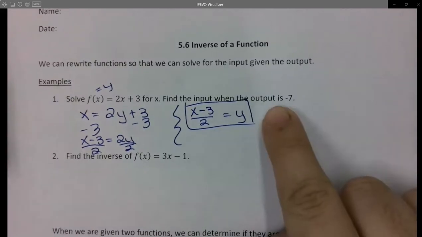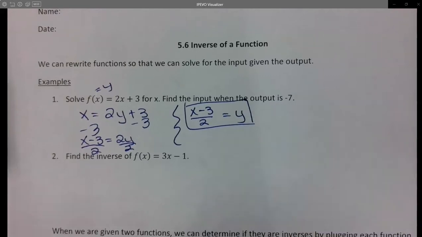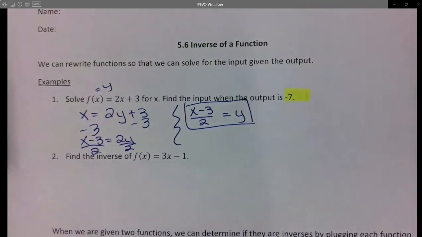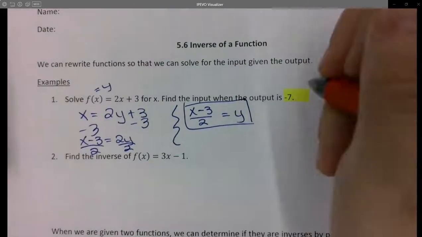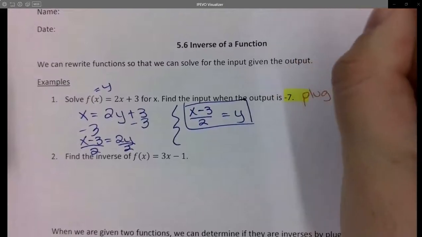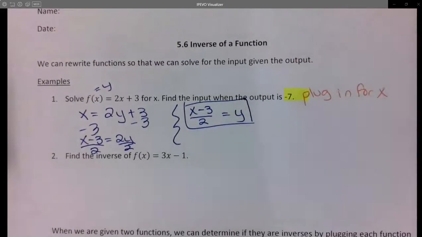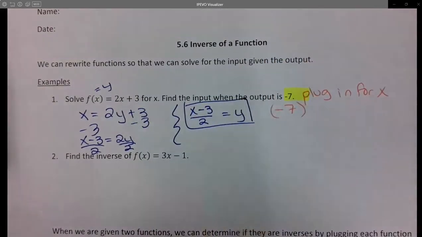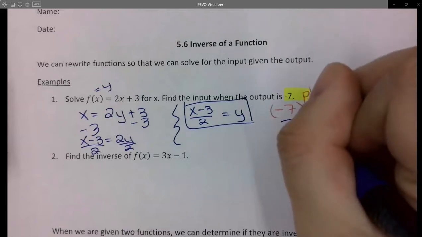Then it wants me to find the input when the output is negative 7. So I am going to plug in negative 7 for x. So I'm going to do negative 7, and then from my formula, minus 3 divided by 2.